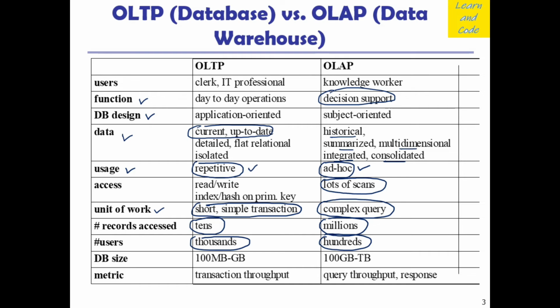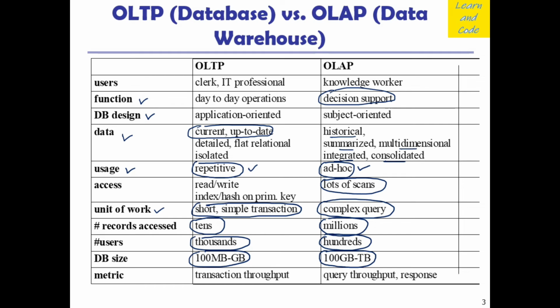Then if we talk about sizes, in case of database, the size is around 100 MB to a few GBs, right? But in case of data warehouse, the size generally varies between 100s of GBs to even TBs, right? And it may be more than TBs also.